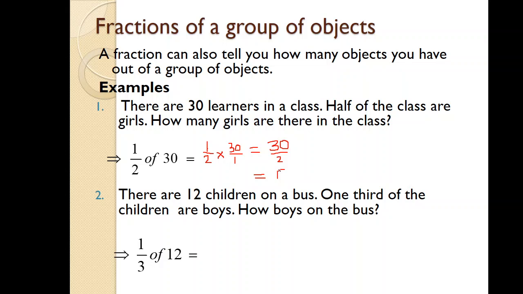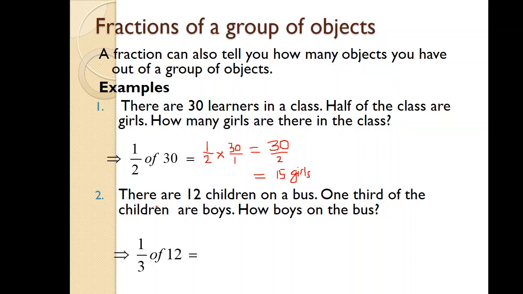That's why you can say there are 15 girls. Okay, so our answer: half of 30 is 15. Okay, let's go to example number 2.